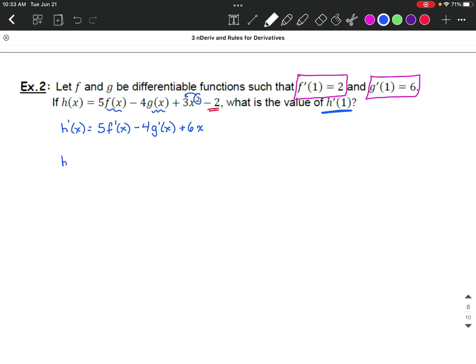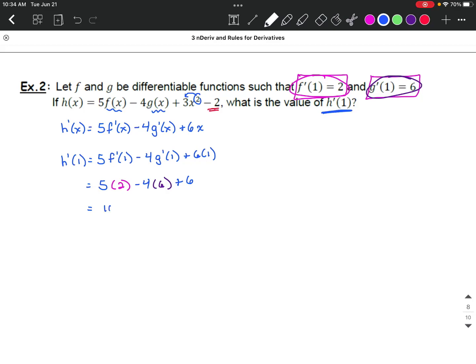So now I can find the derivative of h at 1. That's 5 times f prime of 1 minus 4 times g prime of 1 plus 6 times 1. So that's 5 times, now f prime of 1 is 2, minus 4 times g prime of 1 is 6 plus 6 times 1 is 6.